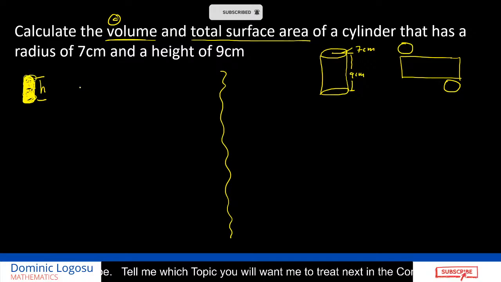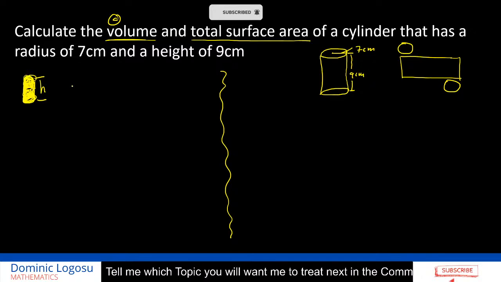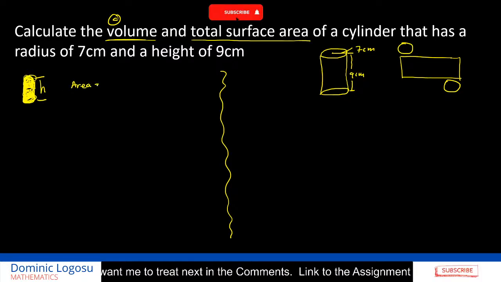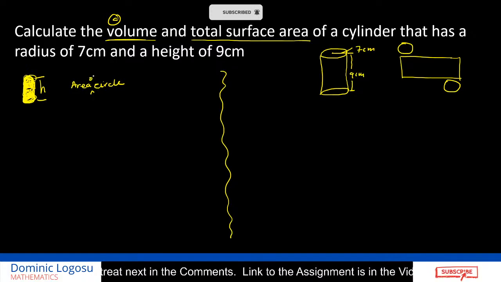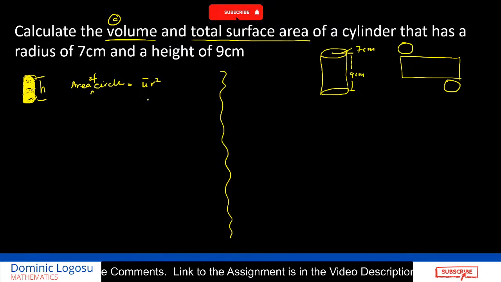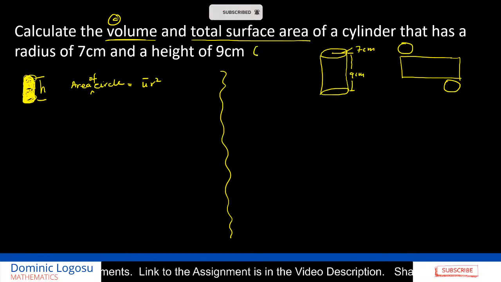Now quickly, to be able to find the area and height, you should be given them from the question, but to be able to write it, we all know that the area of a circle is pi r squared. We all know that pi normally will be given to us as 22/7.